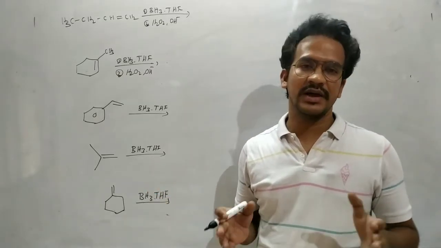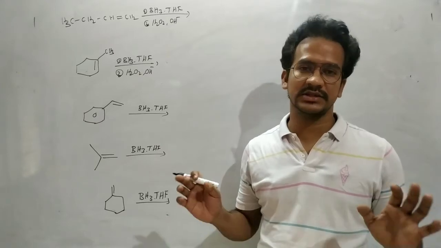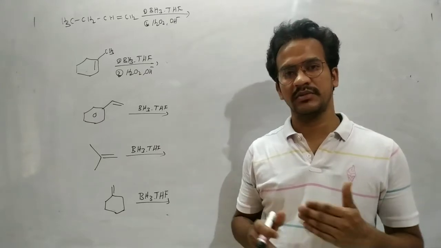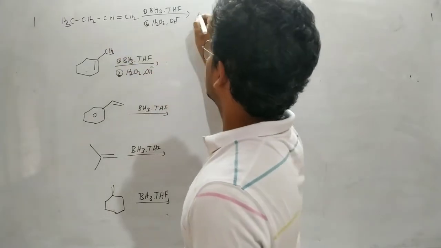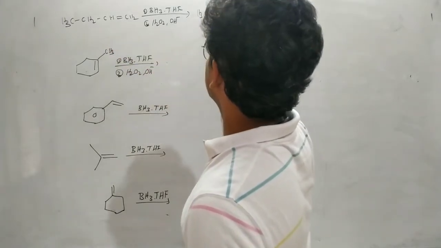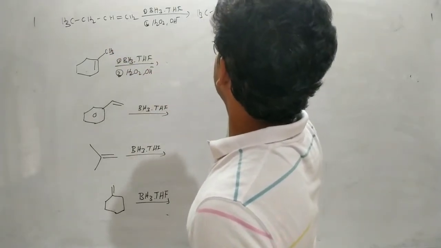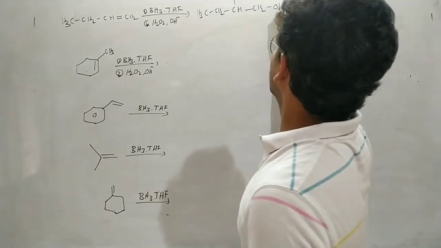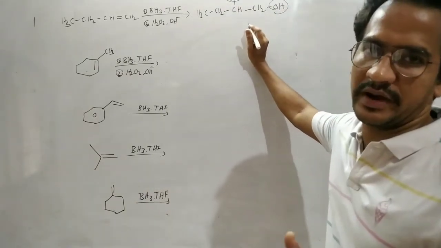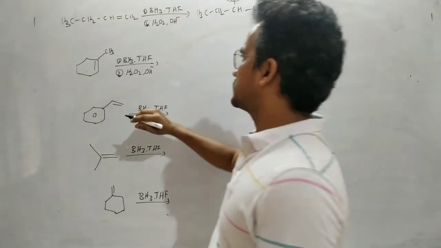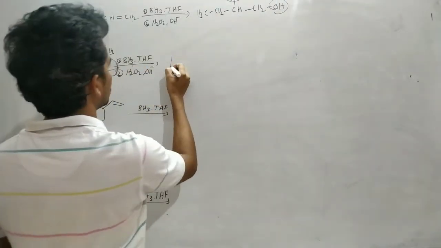That's why rearrangement is not possible. It is a direct water addition, that means by the anti-Markovnikov rule. So in this case the product is CH3CH2, this one hydrogen, and this is CH2OH. It is simply anti-Markovnikov addition of water finally.